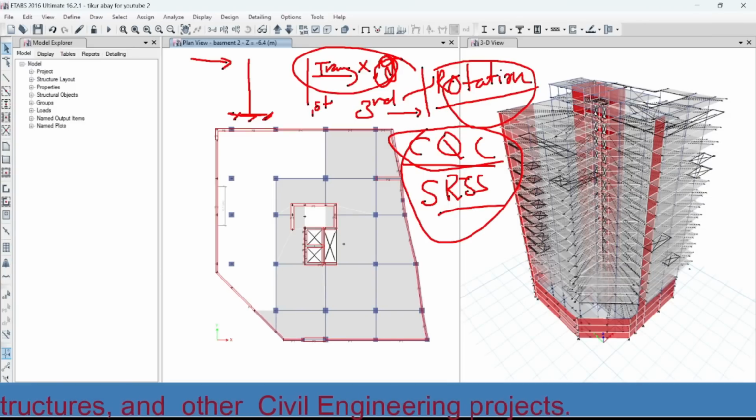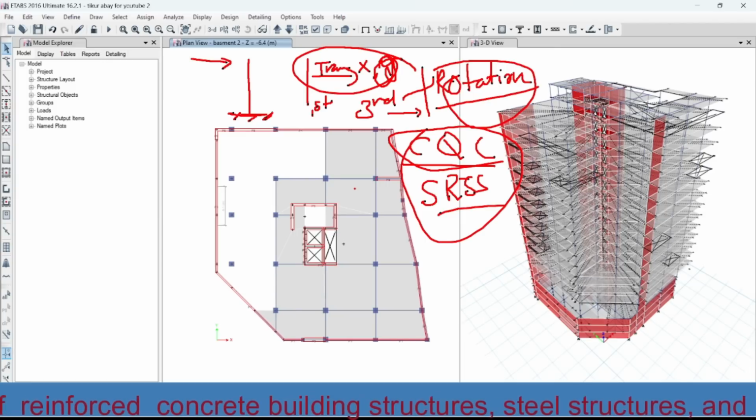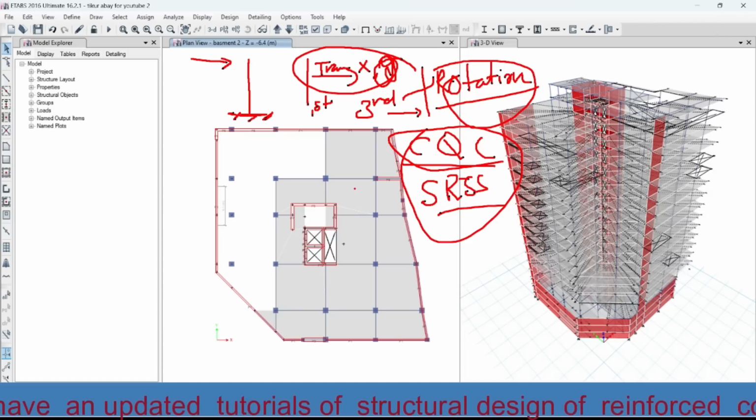So this is all about the definition of the modal case based on the Ethiopian Building Code Standard and Eurocode.